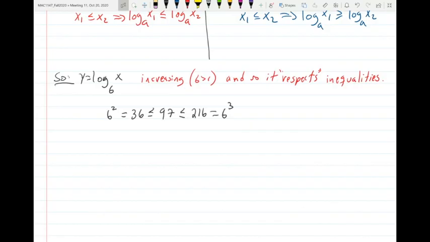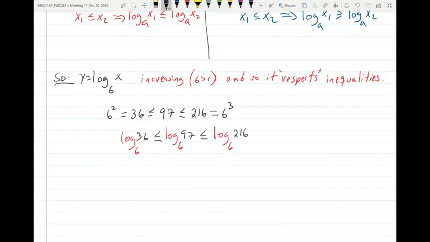We just did that. So now we're going to apply log to the entire inequality. So we get log base 6 of 36 is less than or equal to log base 6 of 97, which is less than or equal to log base 6 of 216.